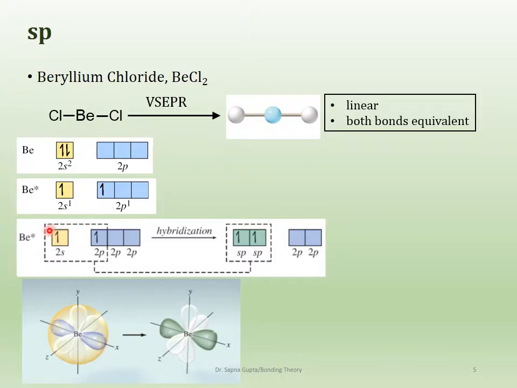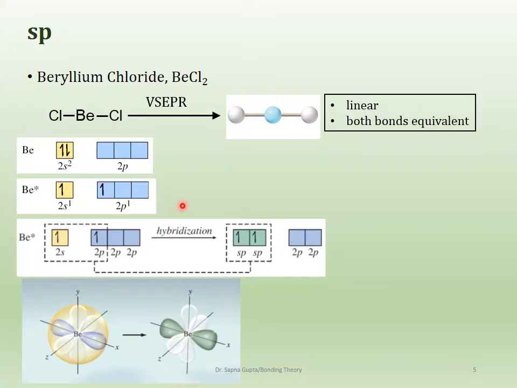Now what happens is the hybridization, where the one electron of the s and one of the p will hybridize. This hybridization could not have taken place in the ground state, because in the ground state both electrons were in the s orbital. But now the hybridization has to take place because one electron jumped from the s to the p, and we don't have to question the jumping part because it is going to jump.